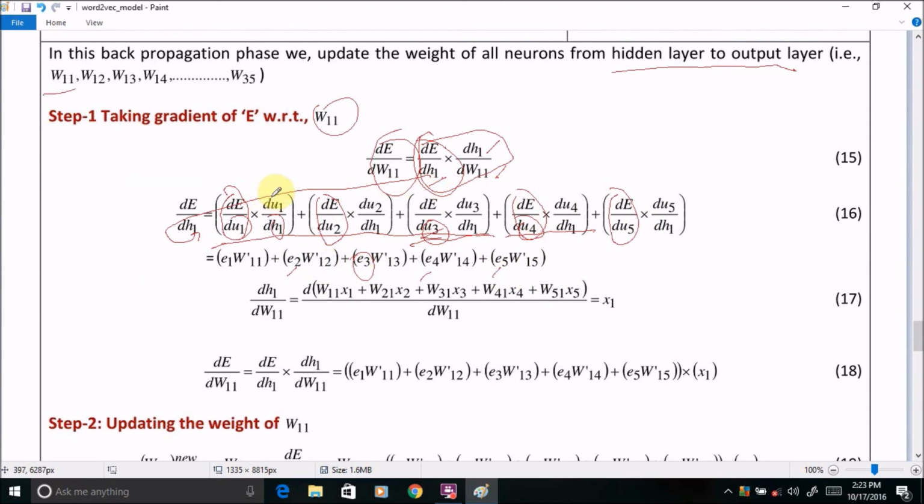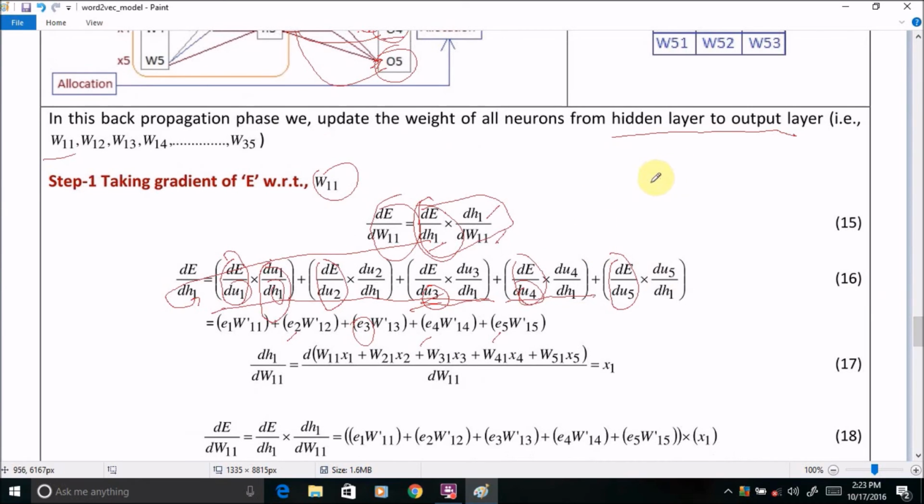Now the next part is to calculate the derivation of U1 with respect to H1. This is very simple.